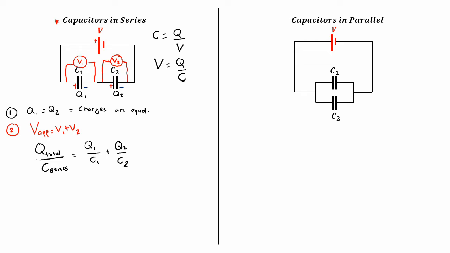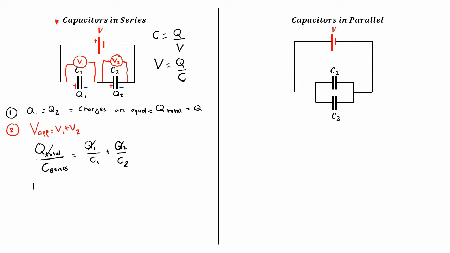And as we saw here, the charges on both 1 and 2 are the same, which is the total charge in that system. So we can just make this equal to Q, and since they all are equal, we can cancel them out.